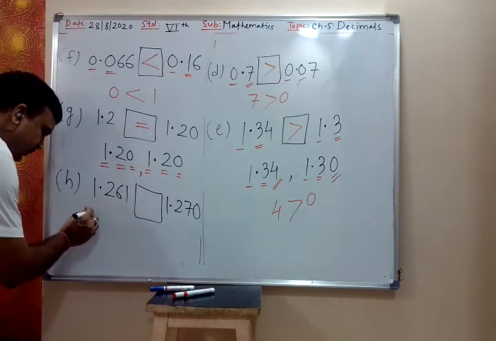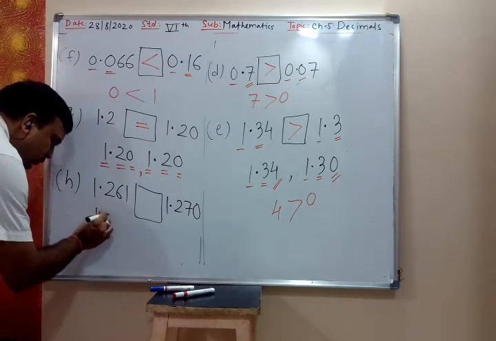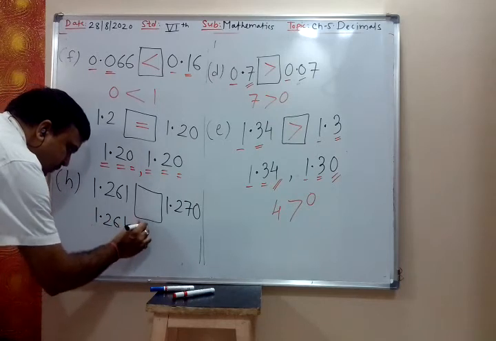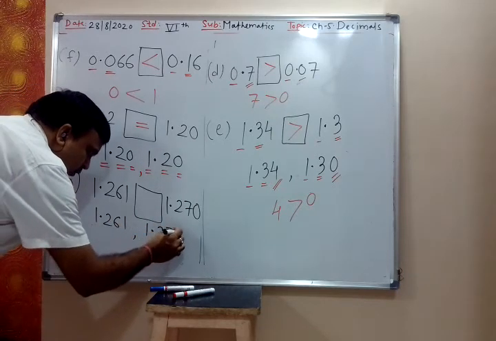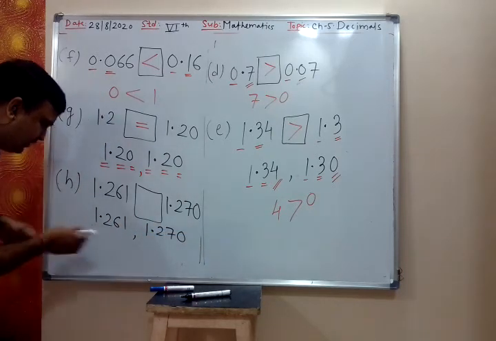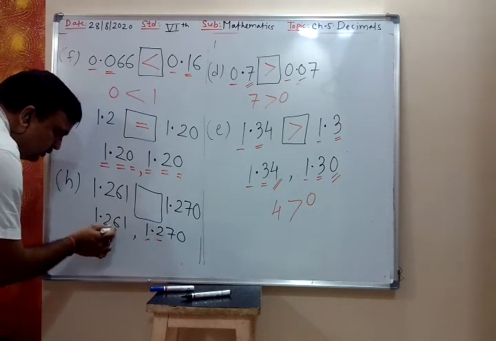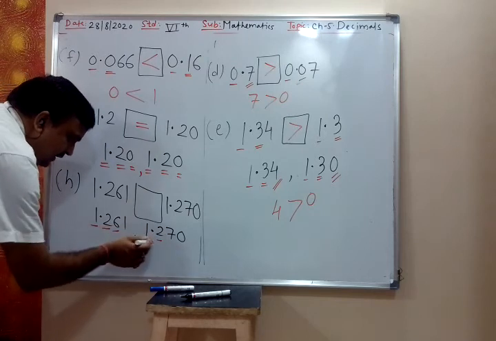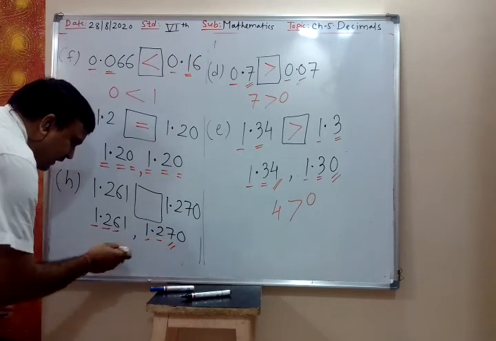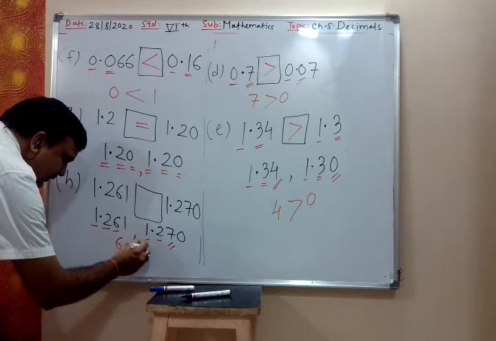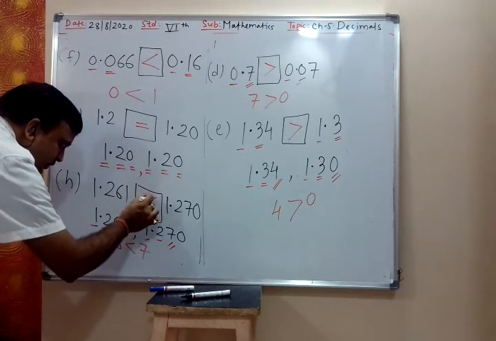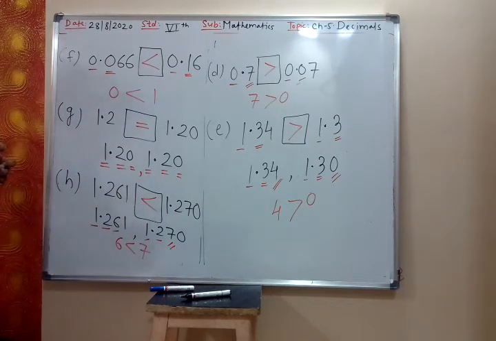See here, 1.261 and 1.270. Now let us compare the digits. 1, then after the decimal 2, then 6 and 7. So 6 is less than 7. So 1.261 is less than 1.270.